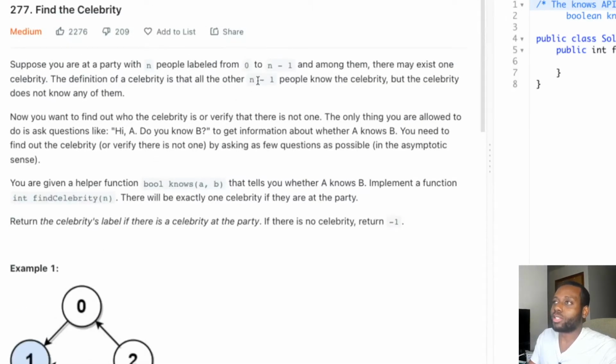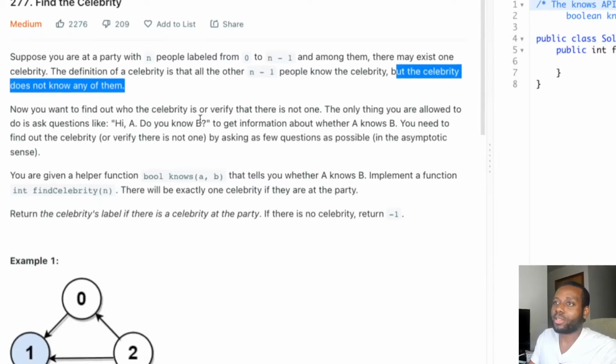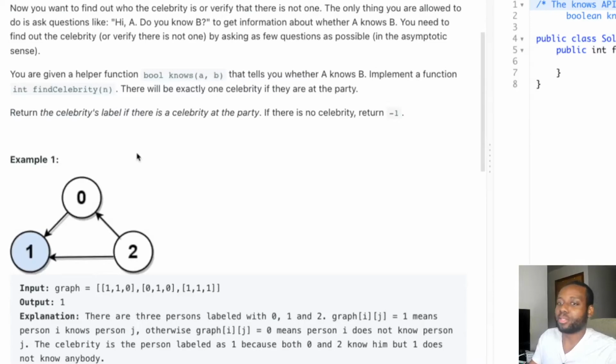So we could translate that to say a celebrity is a node where the in degree is equal to n minus 1. And this statement is pretty much saying that the celebrity doesn't know anybody, which is the out degree, the edges coming out of my node. See, 1 has 0 out degree.